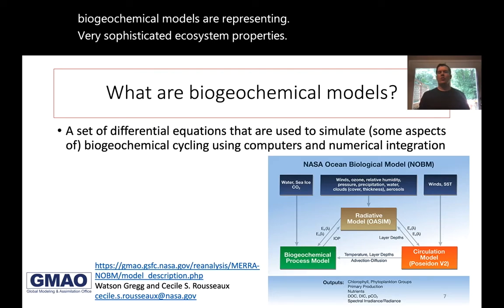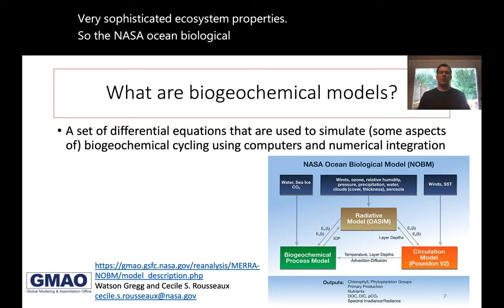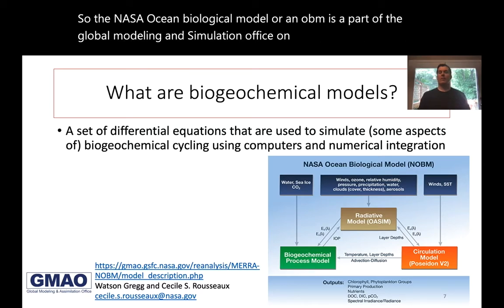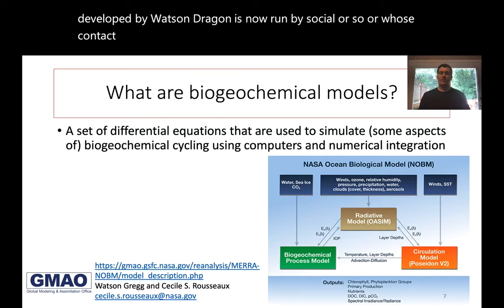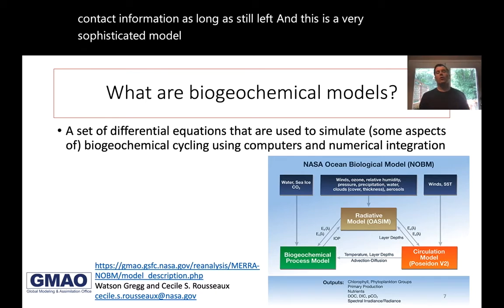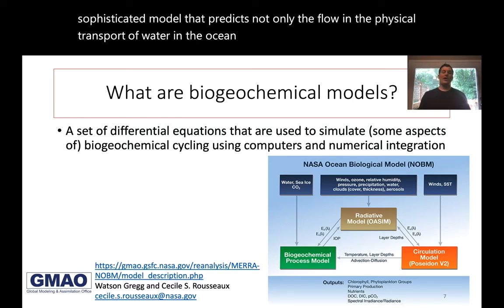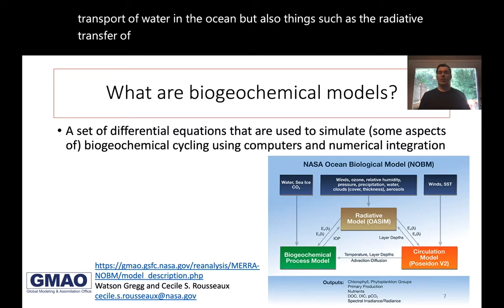The NASA Ocean Biological Model, or NOBM, is a part of the Global Modeling and Assimilation Office. It was primarily developed by Watson Gregg and is now run by Cecile Rousseau, whose contact information is on the left. This is a very sophisticated model that predicts not only the flow and physical transport of water in the ocean, but also the radiative transfer of irradiance into the ocean, as well as the radiance back out of the ocean.